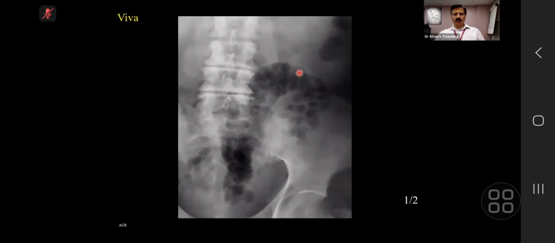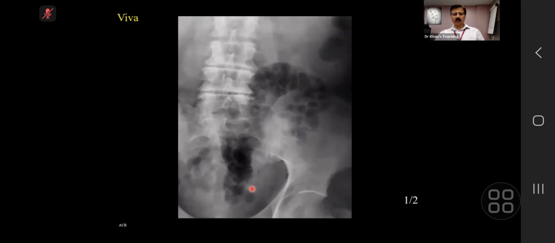Right. So what do you think this is? So it could be multiple diverticuli? Okay, if you look carefully, diverticuli will not look like this. These are grape-like bubbles of air, multiple air bubbles, which diverticuli will never project like this, particularly on a plain film.